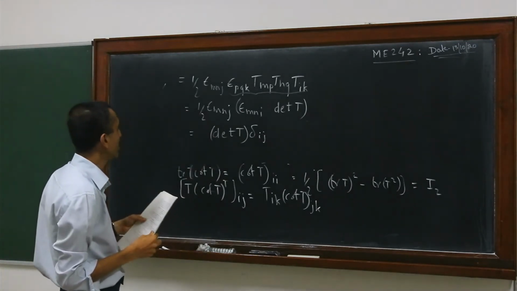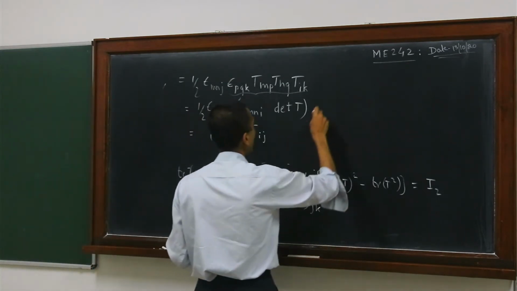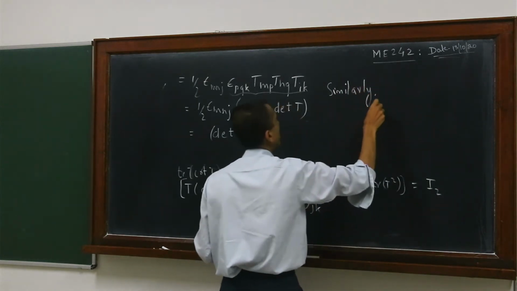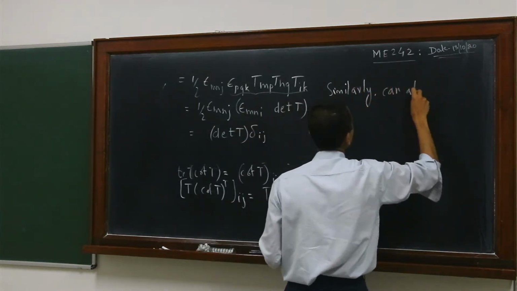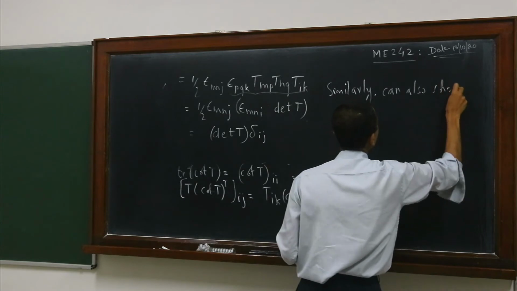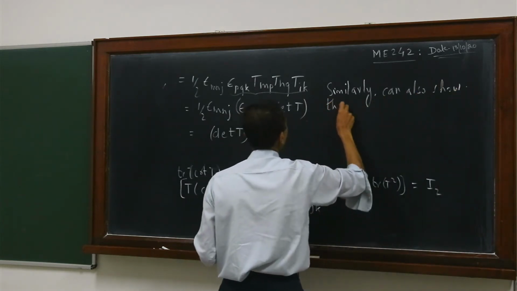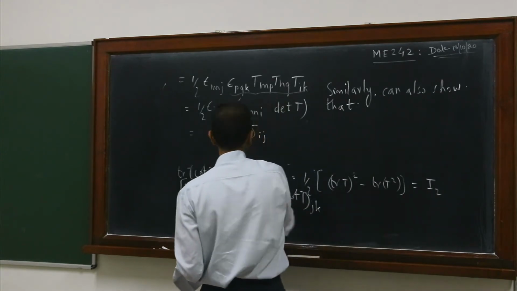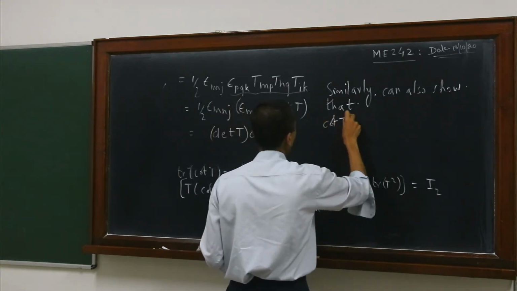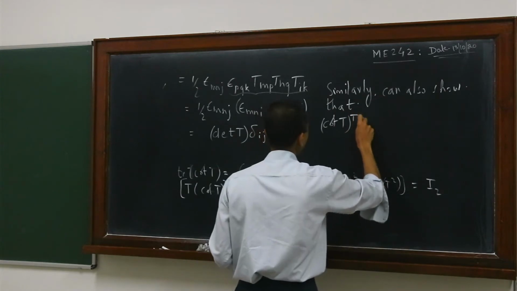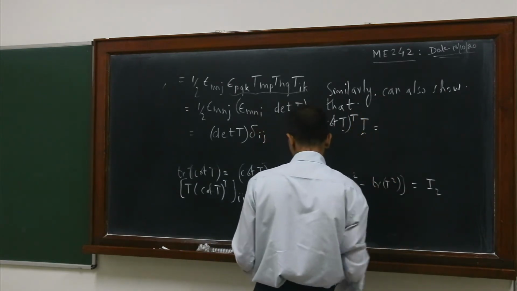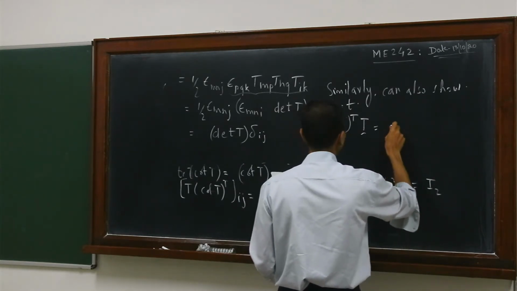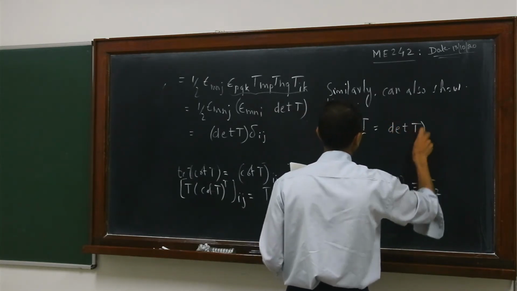So similarly, we can also show that cofactor T transpose times T is equal to determinant of T times the identity.